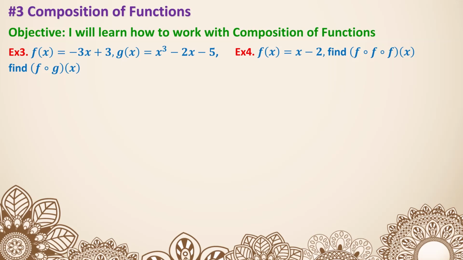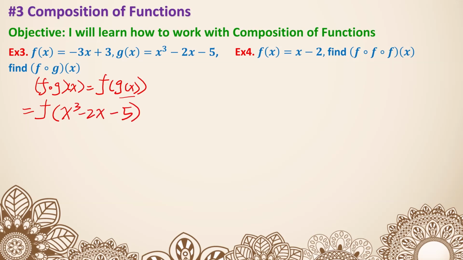Example 3, f of g. Well, f is the easier one, so this is not too bad. f of g is going to be f of g of x, replace it, x cubed minus 2x minus 5.